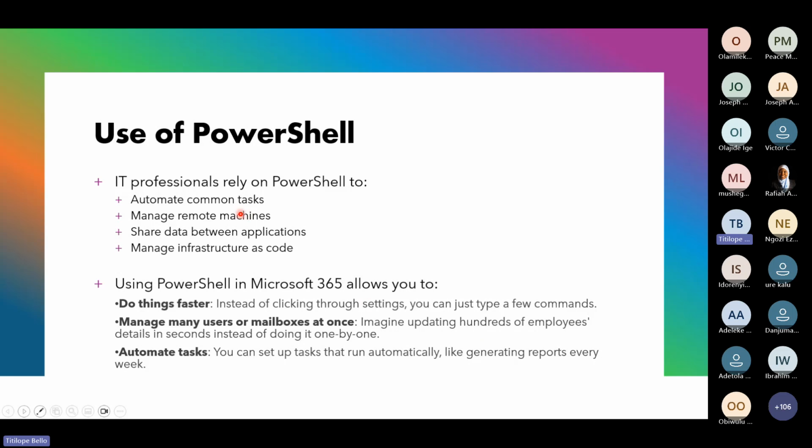So an IT professional can use it to automate tasks. They can use it to manage remote machines, like I said, shut down a machine remotely. And you can even use it to configure or manage what we call infrastructure as code. A situation where, if you want to create a virtual machine, an account, or a user mailbox in Office 365, you can write your script down and store it in a particular location.